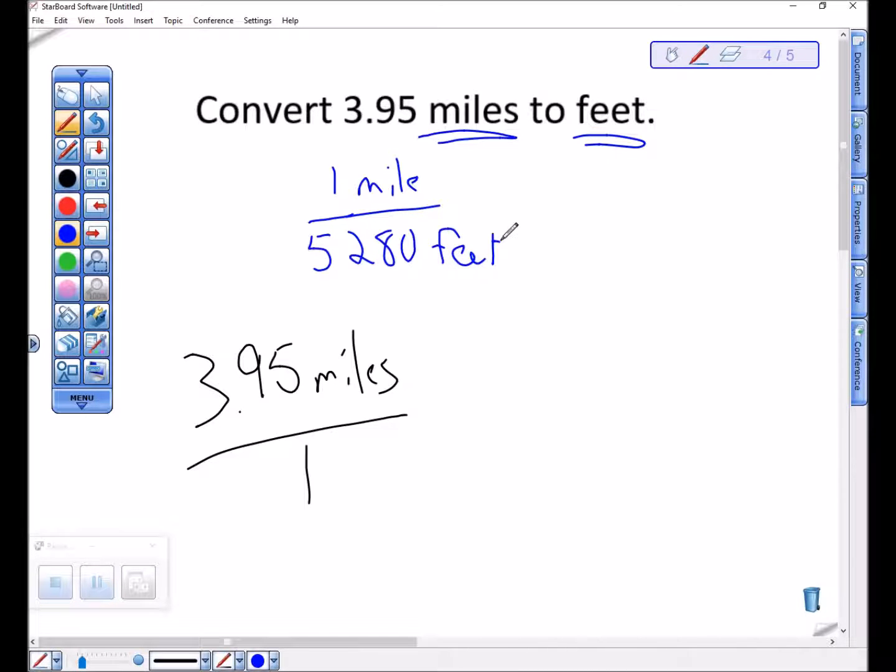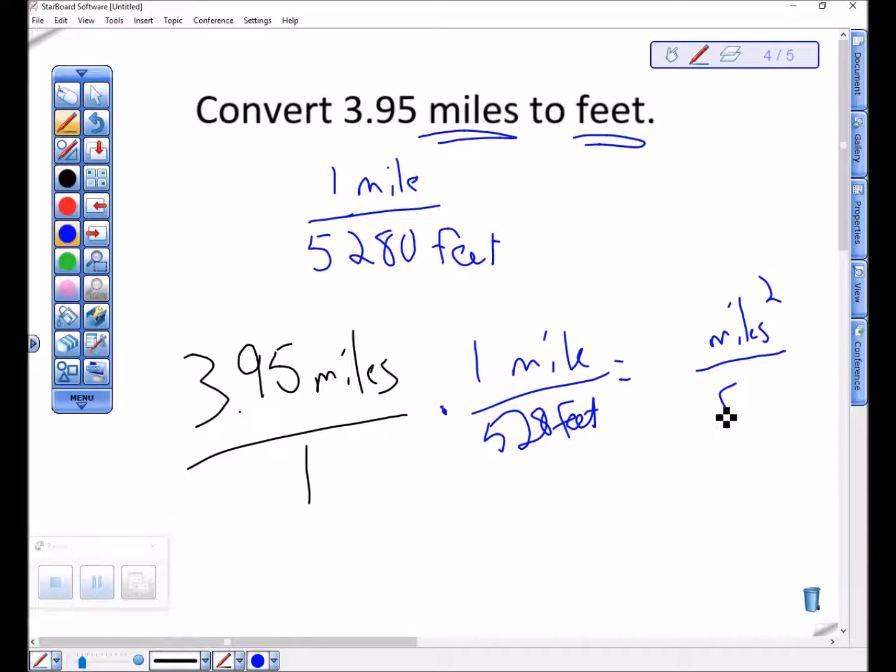However, even though that was hard to write, that's not the one I want, right? Let me show you why quick. If I put 1 mile over 5,280 feet, the units here are going to end up being miles squared per foot. That is not anywhere close to the units I want on my answer.